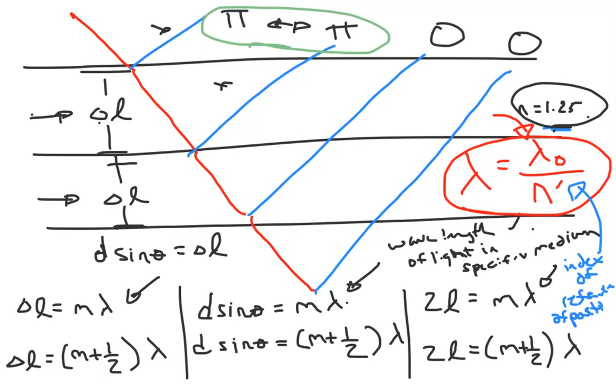Does that make sense? Like here, this is n 1.25. So you would put n 1.25 on the bottom and then divide it into whatever wavelength, purple, whatever it is.